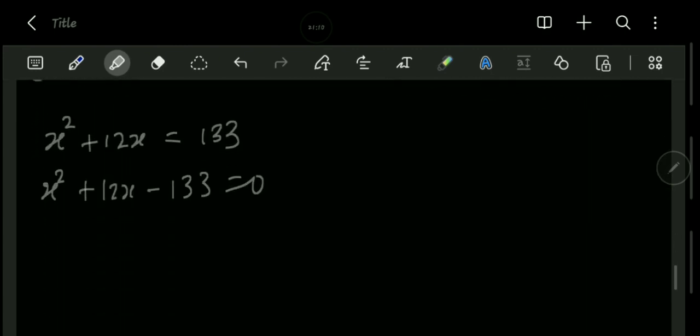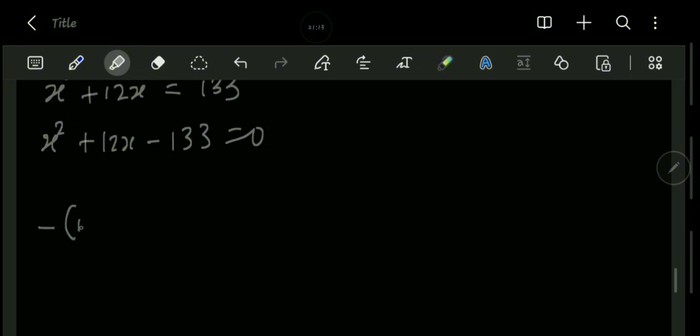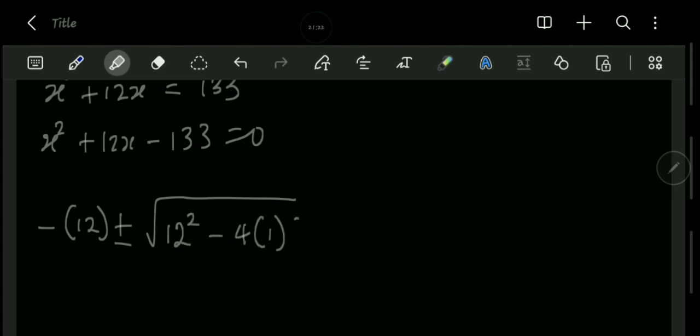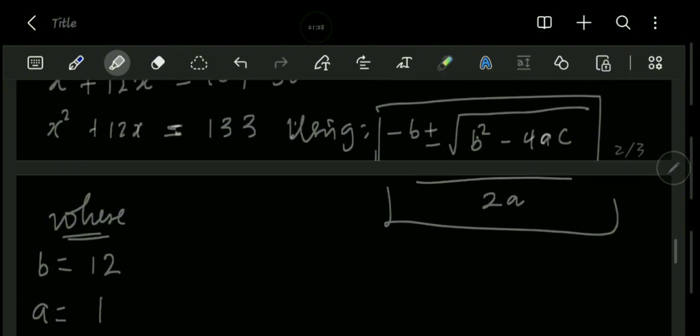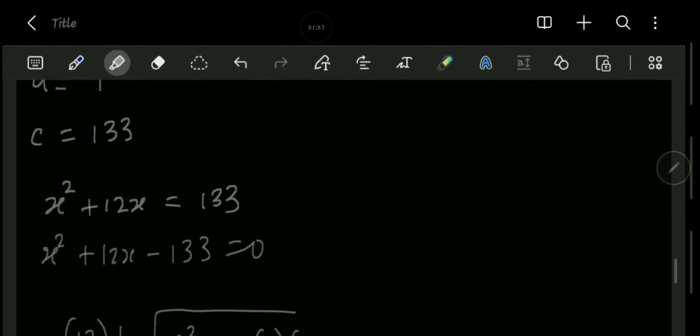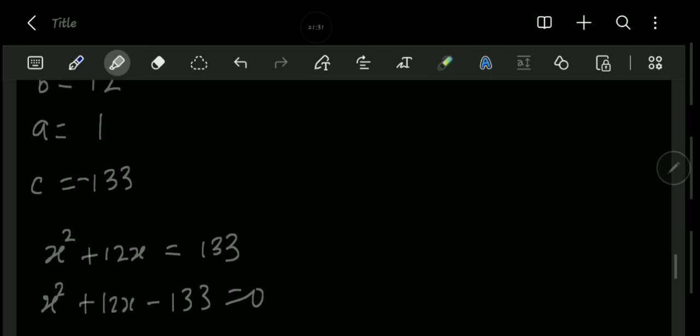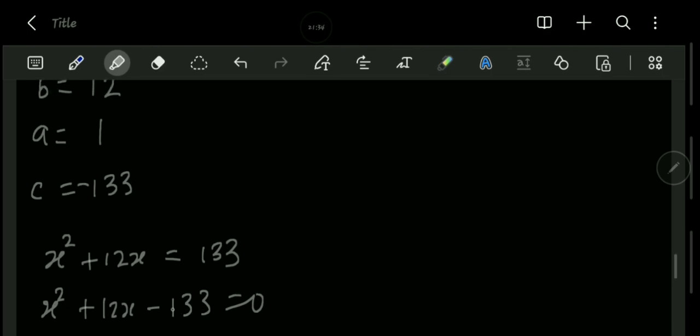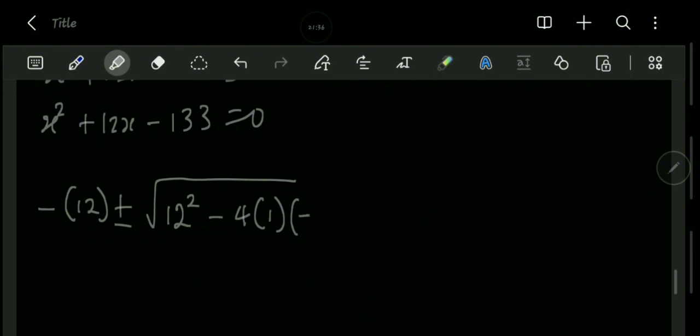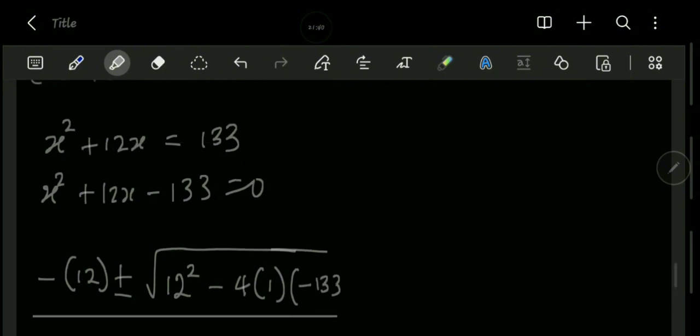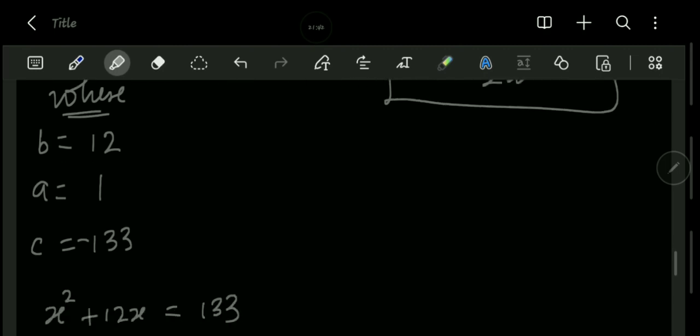So I'm going to have minus open bracket 12, which is b, plus or minus square root of 12 squared minus 4 times 1 times c. There's a negative there because the 133 owns the sign, so I'm having minus 133, all over 2a, that's 2 times 1.